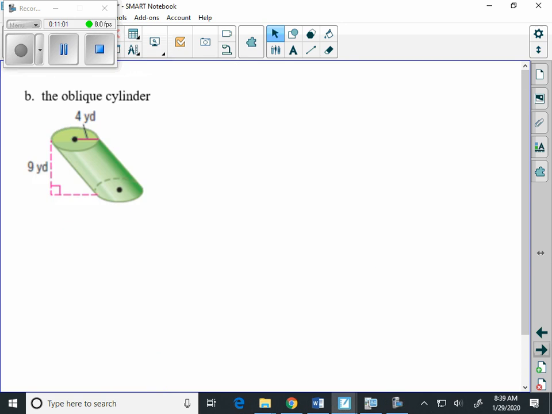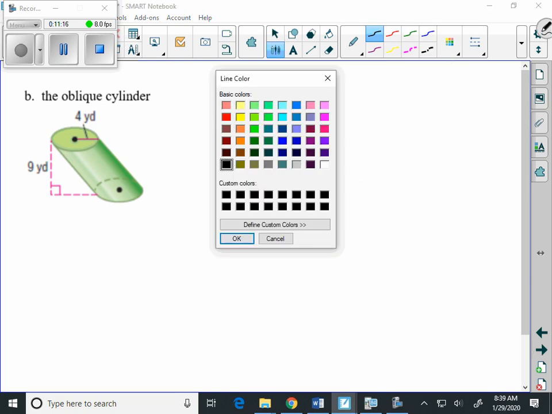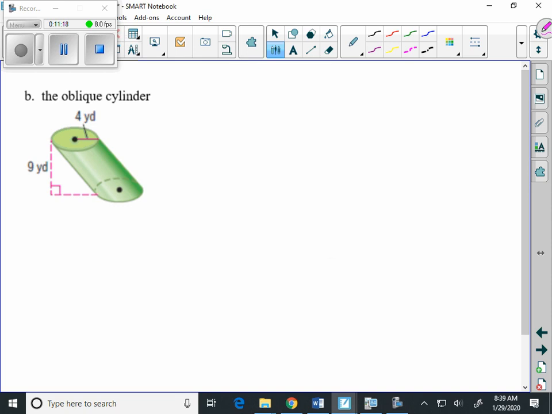Letter B. This one's called an oblique cylinder because it kind of leans. But the nice thing is it's identified for us that this one is going to be a cylinder. So we already know the formula we're going to use, which is pi r squared times h. And then we're going to fill it in.